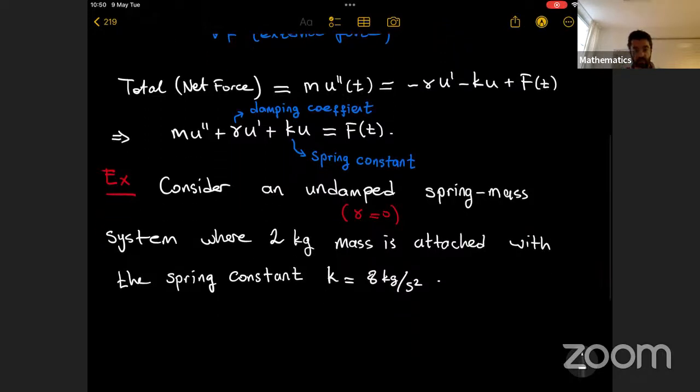And let us do the following parts. The following parts are independent questions about this spring system.